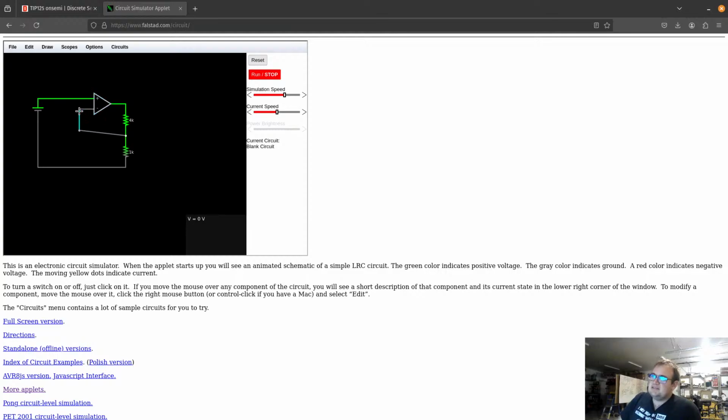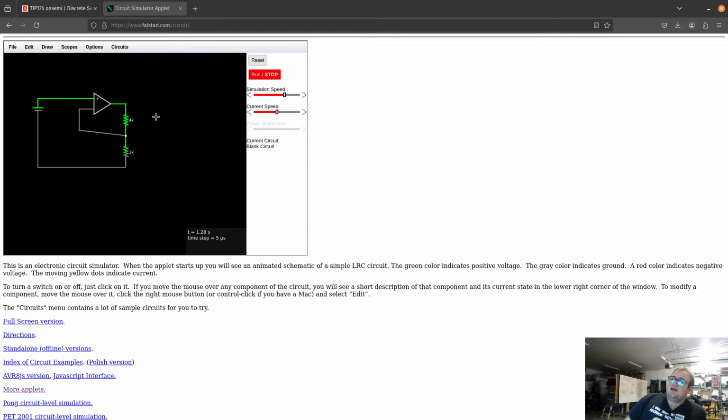That means this input wants to be at 5 volts. This is at 0. So this is almost the same as what we just dealt with. Let's just think it through though. If this is at 5 volts, then this guy wants to be at 5 volts, so we should have 5 volts here. It means 5 milliamps going through here.